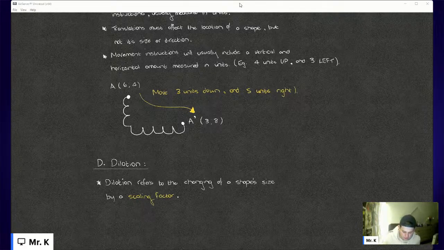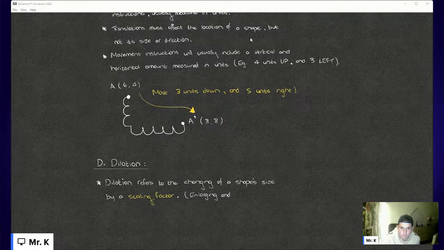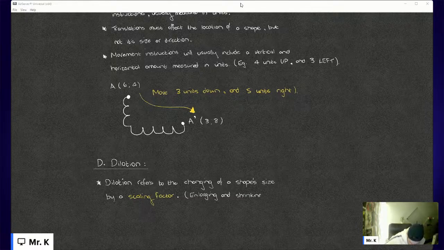Right. Changing the shape's size by a scaling factor. Now, it's important to keep in mind that this refers to enlarging and shrinking a shape.